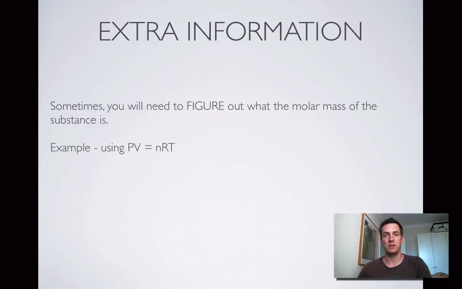You might find an extension question in year 11, or if you're doing it in year 12, it's a little bit harder. You might have to figure out what the molar mass is before you can use it in that second stage. For example, let's say we were using PV equals nRT to find a molar mass. Let's remind ourselves what molar mass means: it's grams per mole, so mass divided by moles.